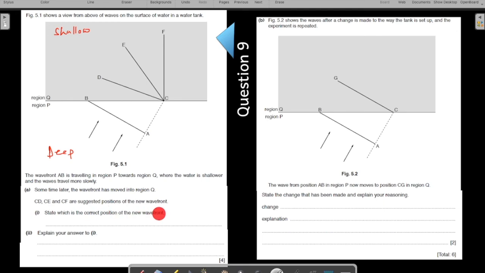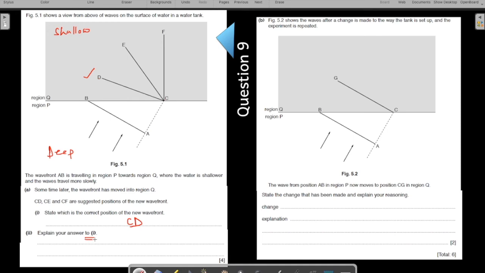So clearly you know that the wavefront has to bend towards the barrier. Only CD is showing bending towards the barrier. So the correct answer should be CD. CE or CF doesn't make sense. They're bending away from the barrier. CD is the correct answer.